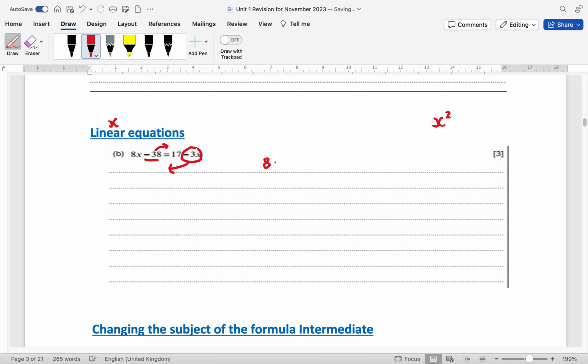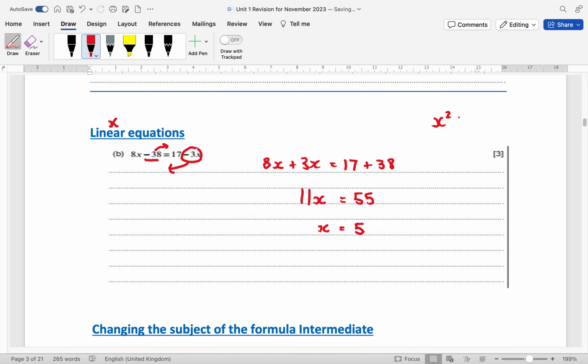So we get 8x plus 3x equals 17 plus 38. It's kind of like making x the subject of the formula, isn't it? All right. So it's 55, and x is 55 divided by 11, which is 5.